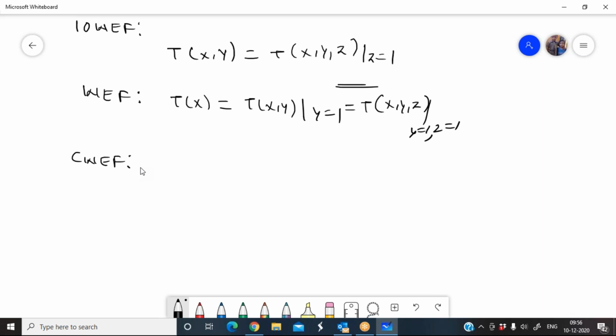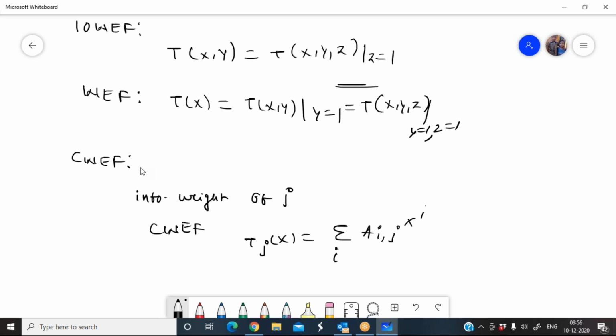For example, for information weight of j, the CWEF is obtained as Tj of x is equal to sigma i, A i comma j, x power i.